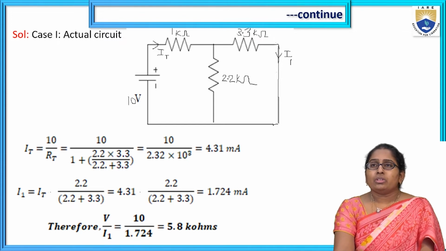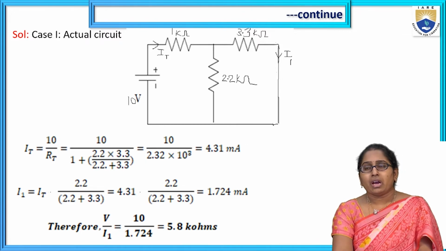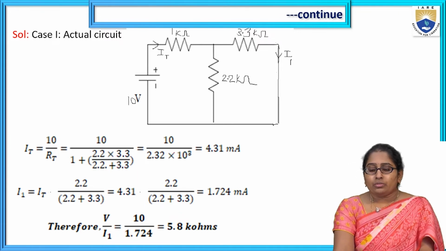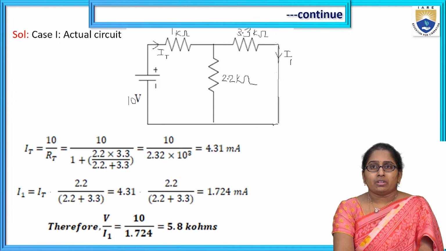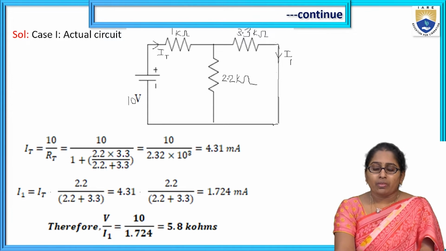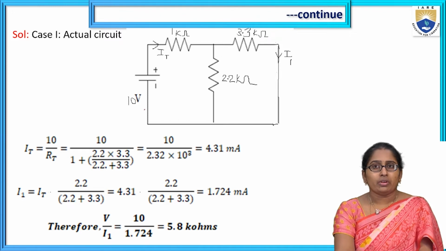For this circuit we find the I1 value, then we see what V by I1 is. So that is case 1. To find this I1 for the given circuit, we use the given circuit parameters and input voltage.